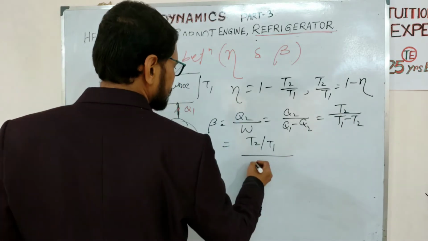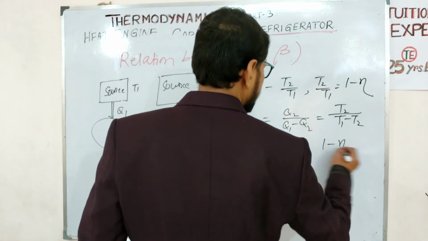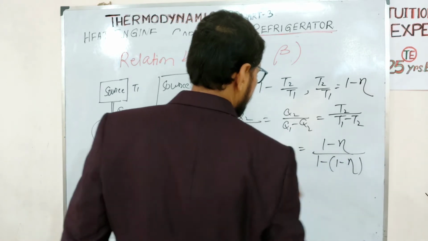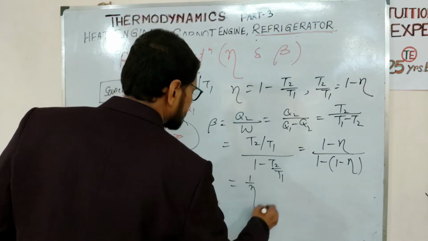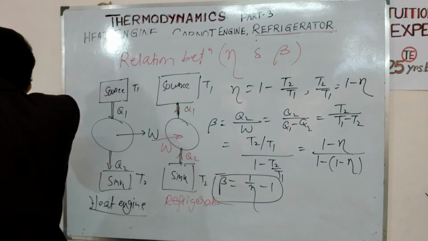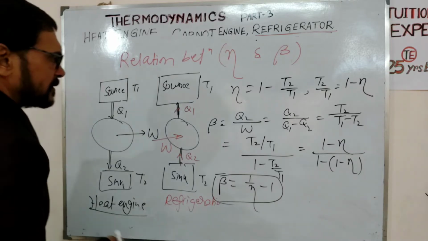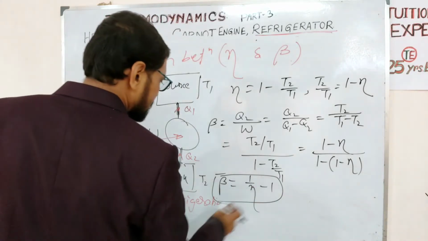If we divide by T1 and use T2 by T1 equal to 1 minus eta, this is equal to 1 by eta minus 1. So beta equals 1 by eta minus 1. This is the formula.